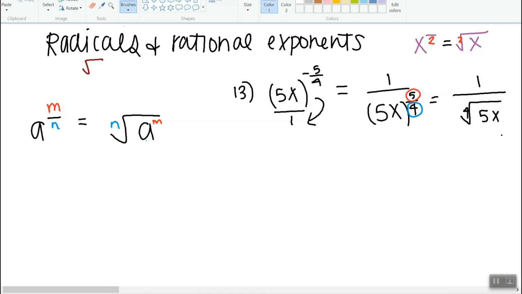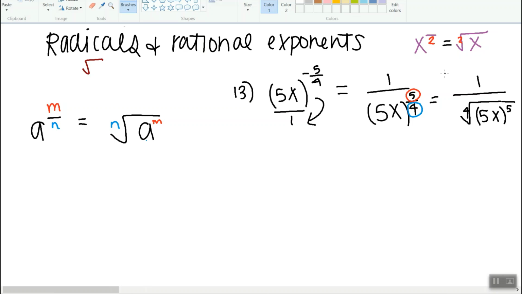Now, something I want to point out is that if you have a coefficient, it is absolutely crucial that you write parentheses there. If you don't write parentheses and then you put your exponent, what that means is that the exponent's only applied to the x when actually it needs to be applied to the 5 also. So the parentheses are very important.